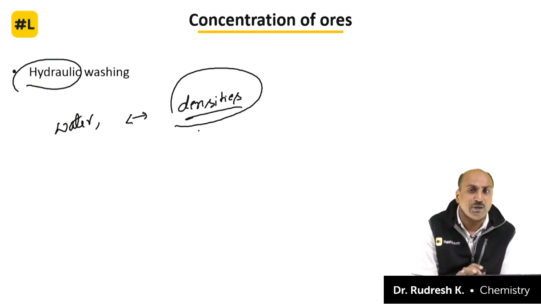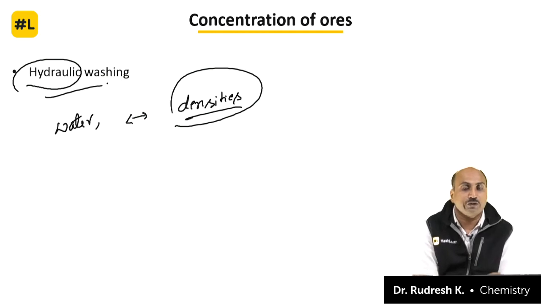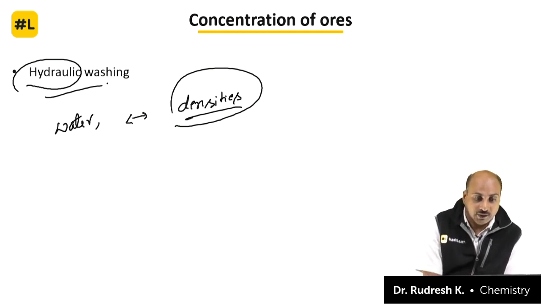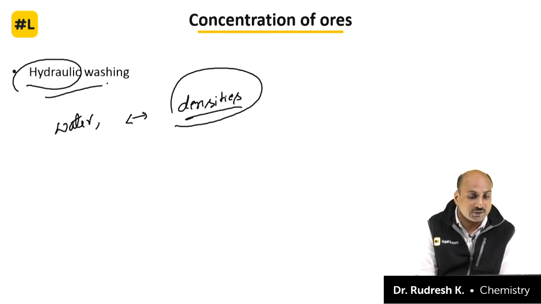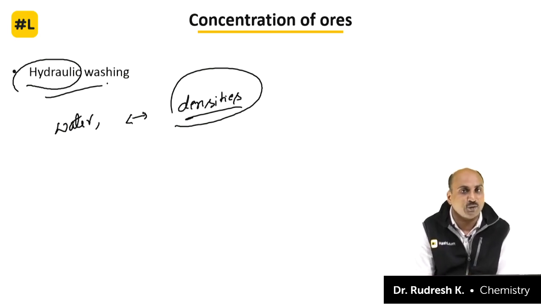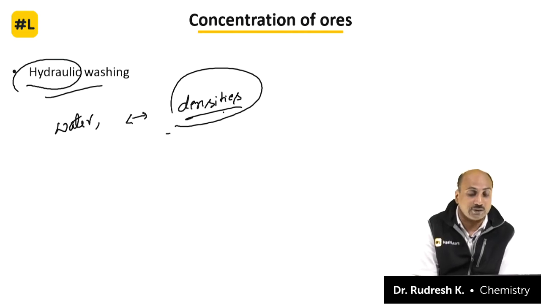This simple concept is used in separating the ore from the impurities, the matrix or the gangue particles. Yes, Ganesh is talking about Laurel and Hardy also. Yes, that is also fine. Laurel and Hardy are from the US, and Tin and Pat are from Germany. Laurel and Hardy you can also take as an example, because one is thin and one is fat. That is where the densities play a very important role.